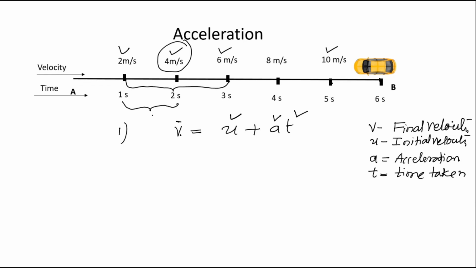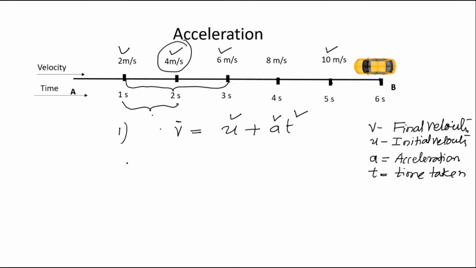You have to find out the final velocity. The answer should be 4 meters per second. You have to use this equation. Right? In different ways it is asked. There are so many manipulations and combinations of all these equations on which the problems will be asked. So please remember v, small u, small a, small t are used for these physical quantities.